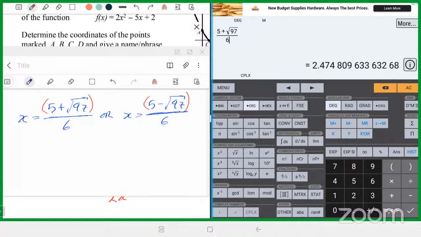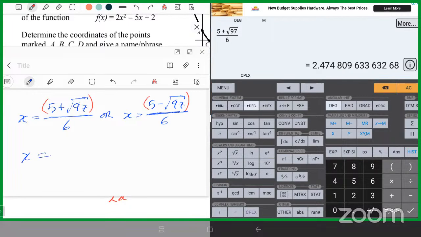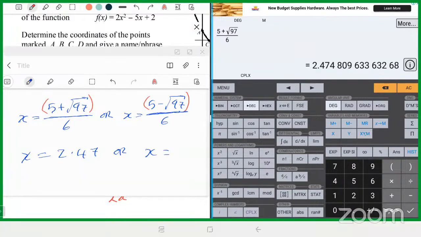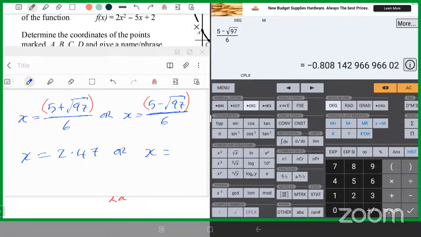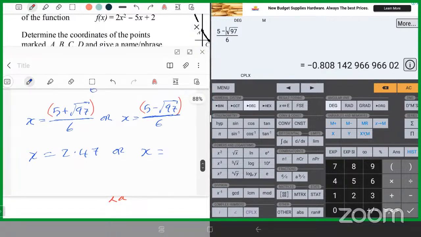All right, so I'm getting x equals 2.47, or x equals, I'm going to change this plus to a minus now, and that gives me negative 0.81. Remember, I wanted two decimal places. And those are my two answers right there.